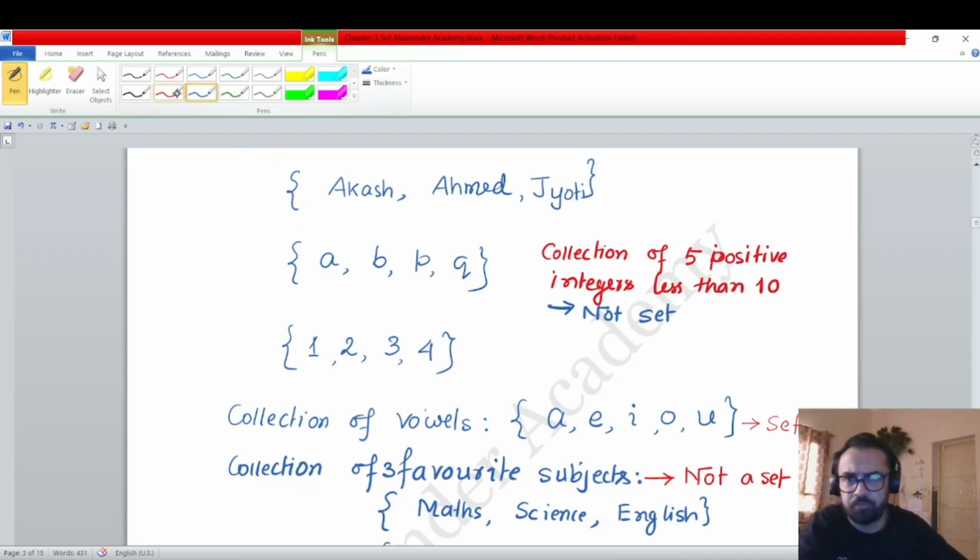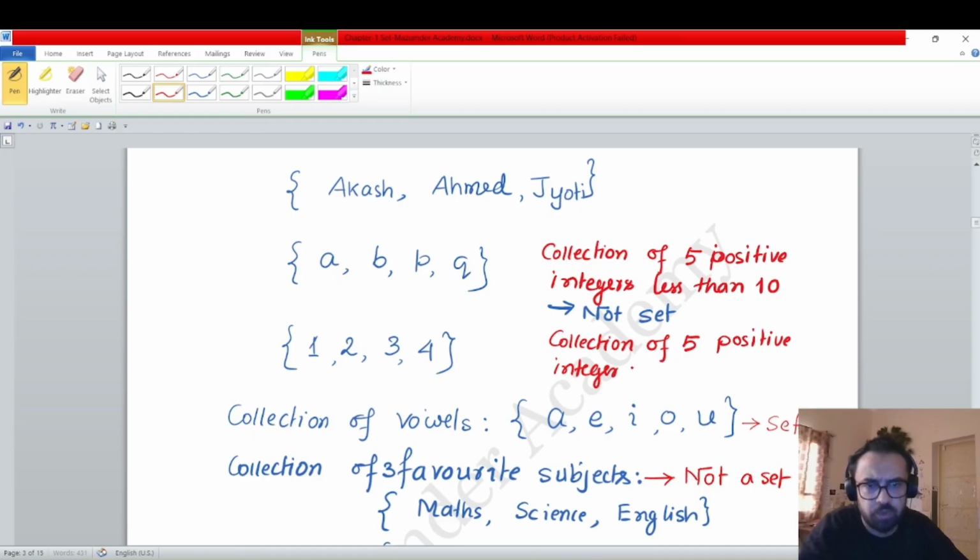At the same time, if I change my domain, say collection of 5 positive integers less than 6, then in this case you see the only possibility is 1 2 3 4 5, and there are no other options.